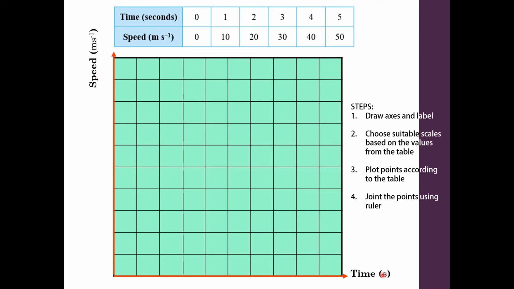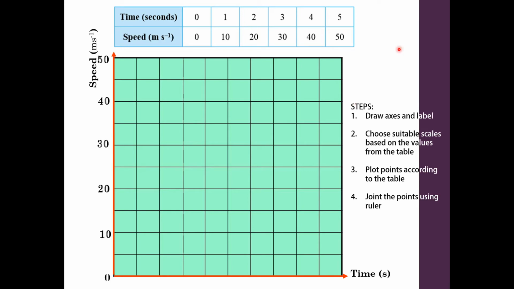Then the second step, we are going to choose suitable scales based on the values given in the table. As you can see here, the values are very simple and in a good sequence. The difference for the time is 1, from 0, 1, 2, 3, 4, 5, and the speed goes 0, 10, 20, 30, 40, 50, increasing by 10 for each second.